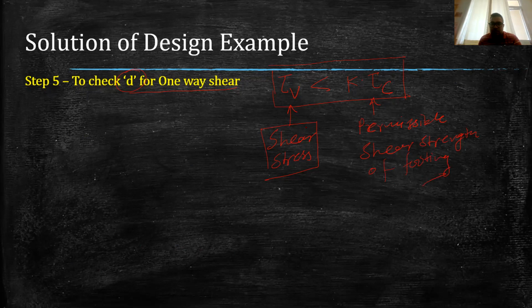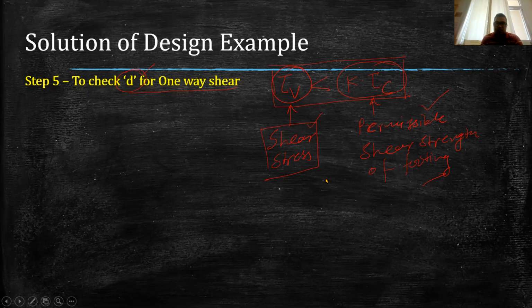So basically if this shear stress, which is caused because of the external load, is less than the permissible shear strength of the footing, then we say that the depth calculated in the previous step is safe for one-way shear criteria also. So here we have to find out first the shear stress, and after that we will calculate this permissible stress, and then we will compare both to check whether the condition is satisfied or not.